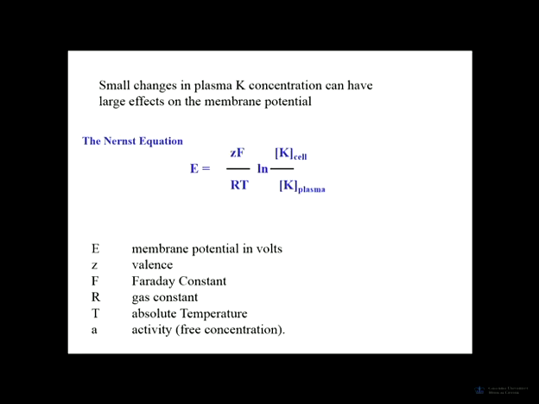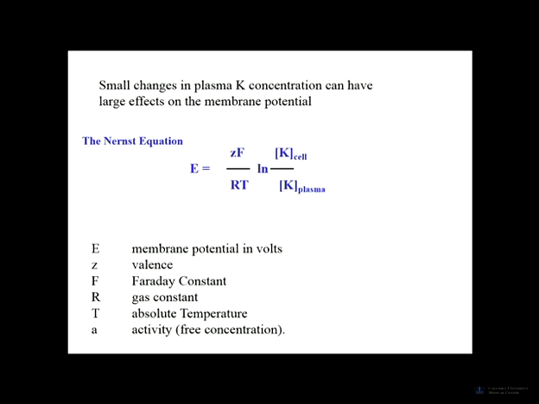Okay, now a very important reason to think that hypo and hyperkalemia are critical, and we need to really understand what's going on, is the fact that small changes in the plasma potassium concentration have very large effects on the membrane potential. The reason is that the membrane potential is essentially the ratio of the intracellular to extracellular potassium.